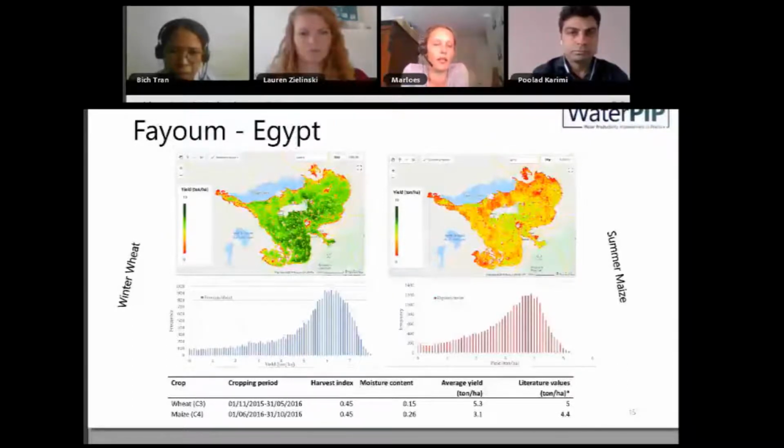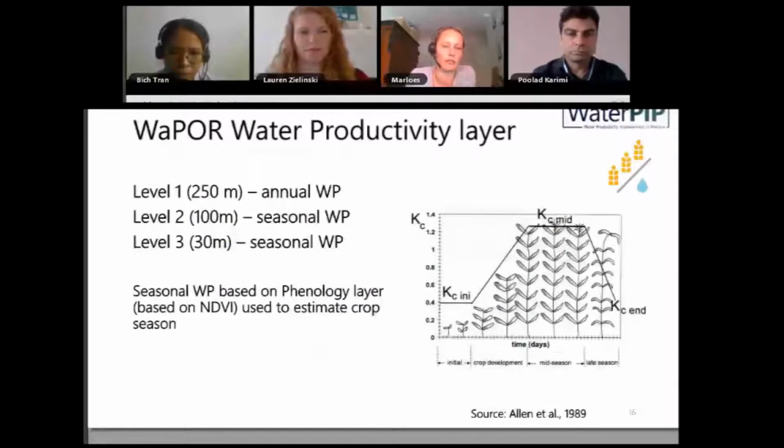But we also realized that we assumed that the whole area was wheat and the whole area was maize, and that's probably not the case. I mean, it's very likely that a large part is also fallow. So you need quite a lot of field information to be able to make these analyses, but at least it's in the right order of magnitude, and it comes out quite nicely.